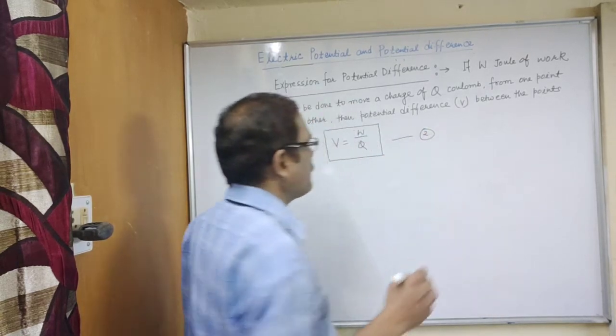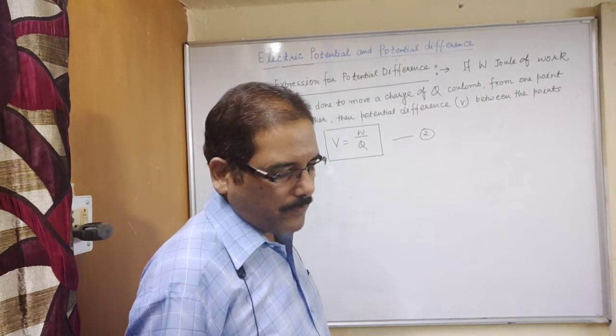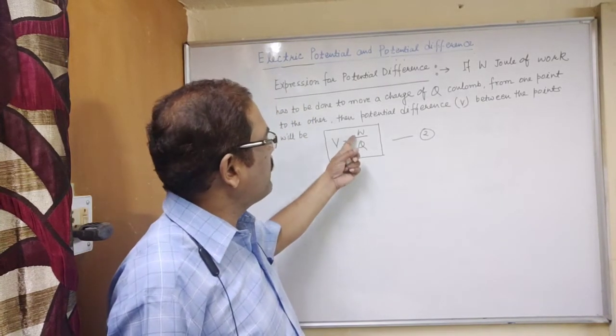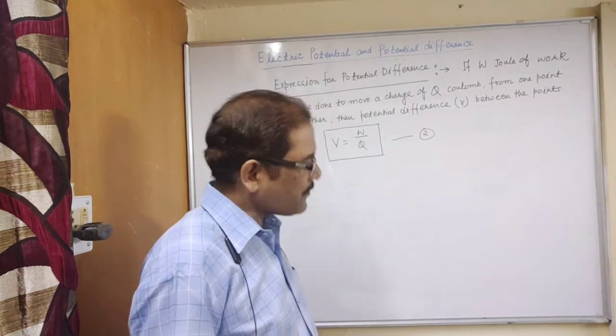We will use this formula in numericals also, where W is the work done and Q is the charge in coulomb.